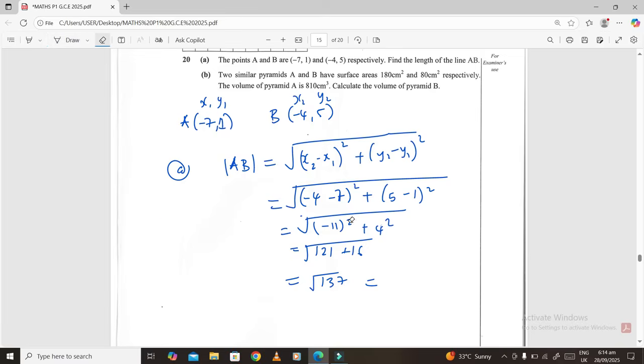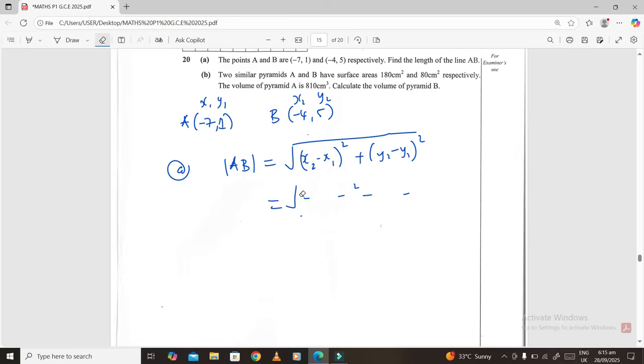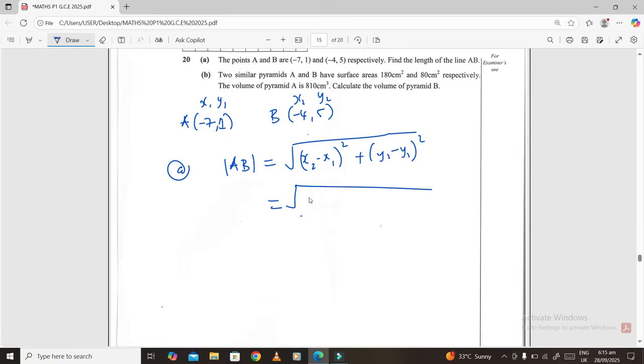So the mistake was at this point, when plugging in the values. I'll show you where the mistake was. Here we say negative 4 minus negative 7. We didn't put this negative 7 inside the brackets. That was the mistake we made.